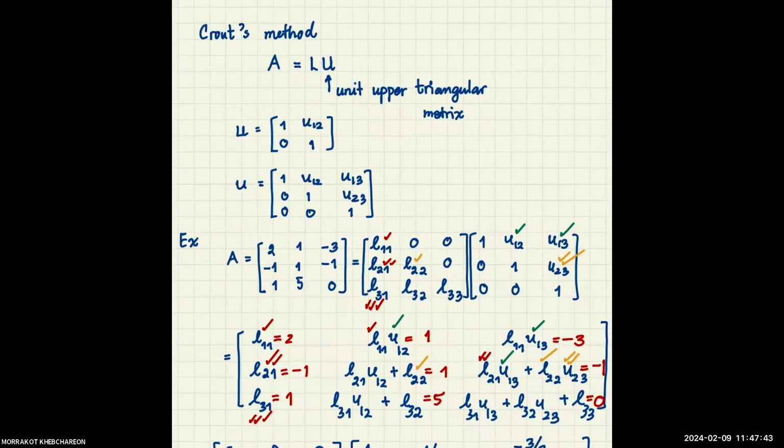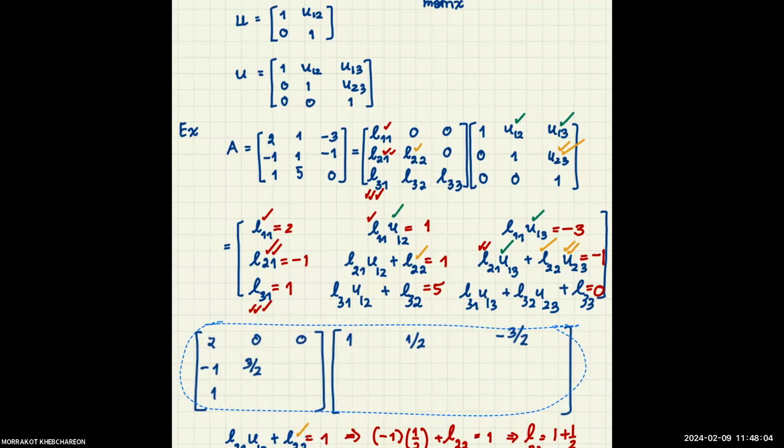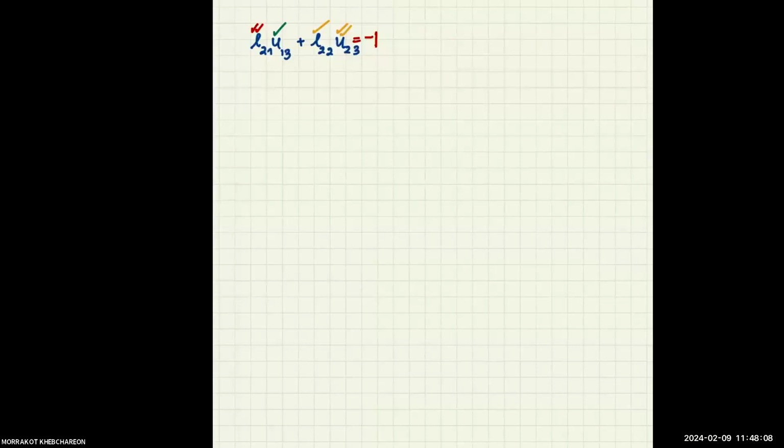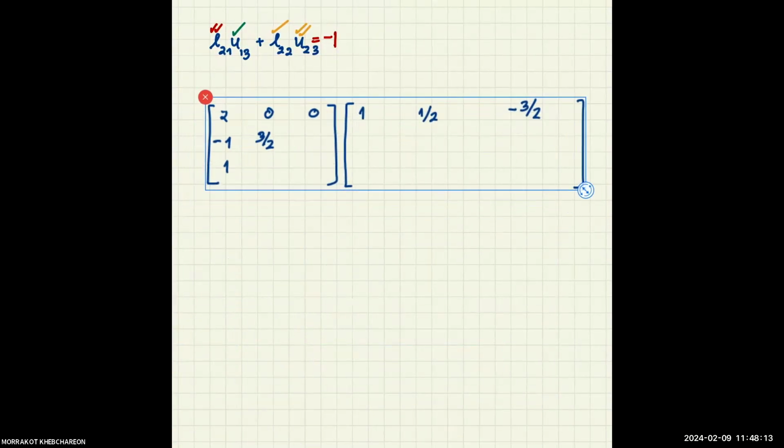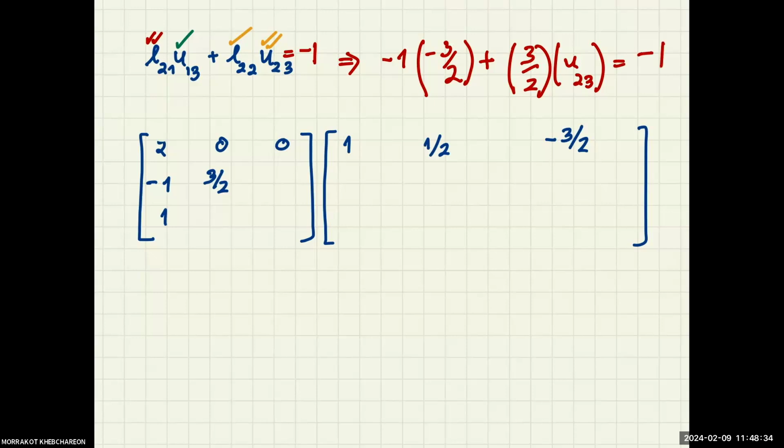L21 is minus 1, U13 is minus 3 over 2, L22 is 3 over 2, so you can find U23.